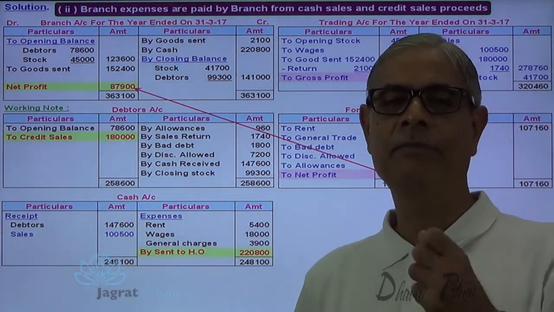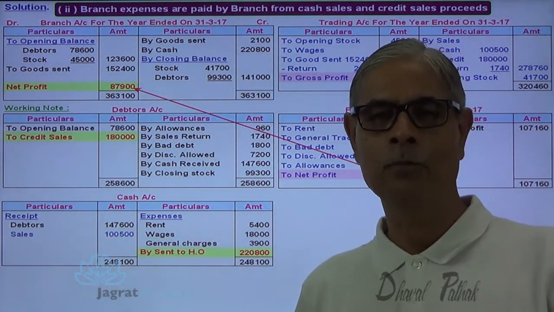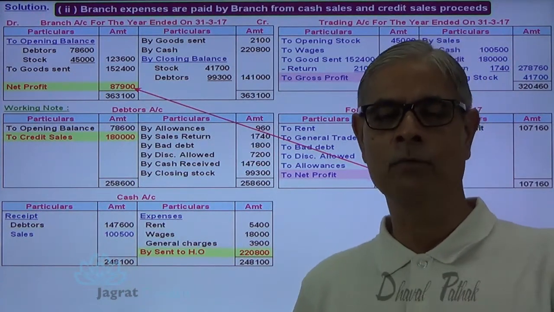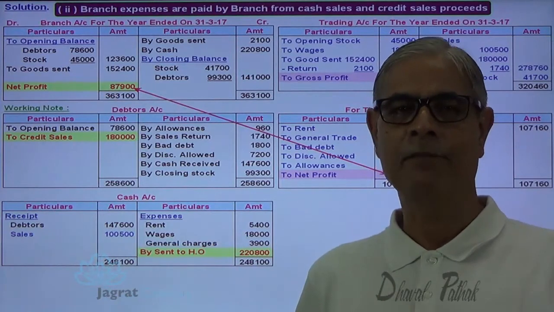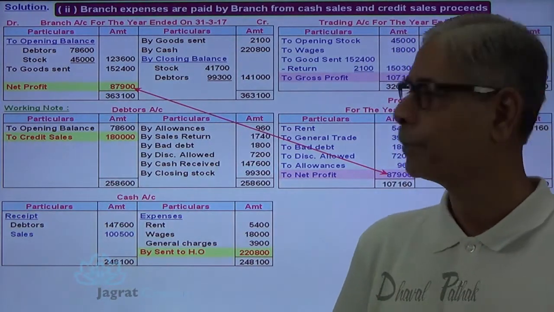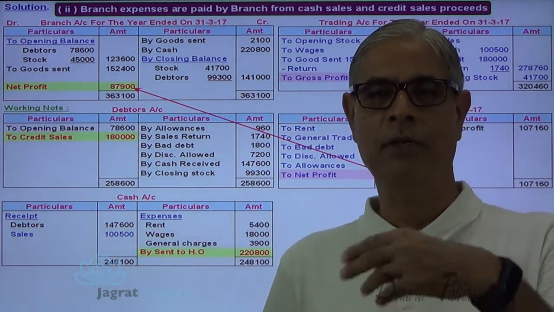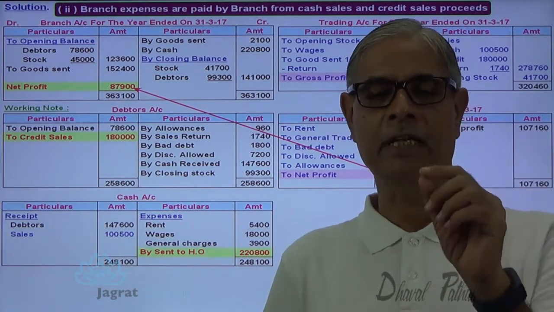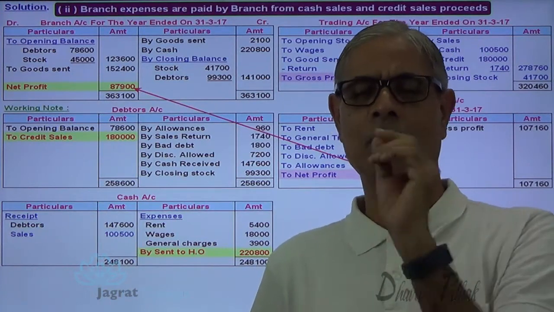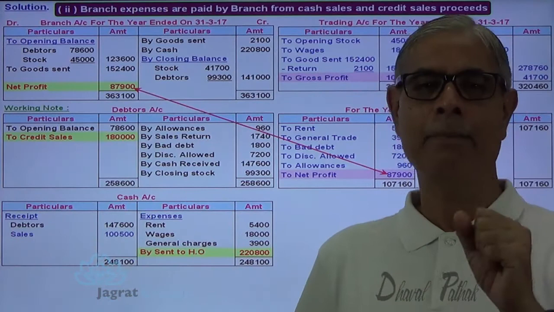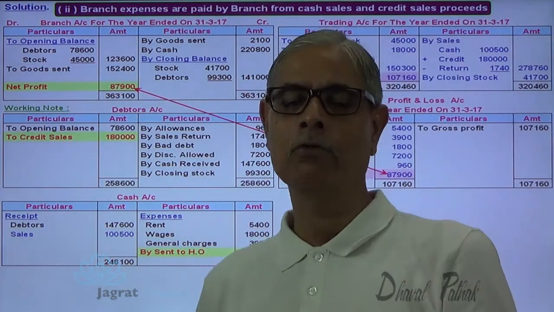So even if you find the profit by preparing the branch account, or even if you find the profit by preparing the trading and profit and loss account, the profit is going to be the same. That student should carefully understand. So this is how the entire sum is solved by two different options. The first option was one wherein all the expenses of the branch were paid directly by HO. And when it was paid by HO, the branch account was debited.